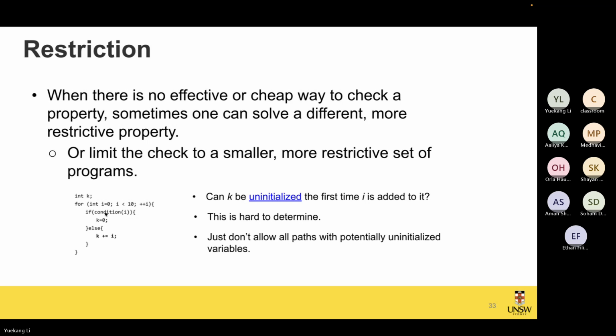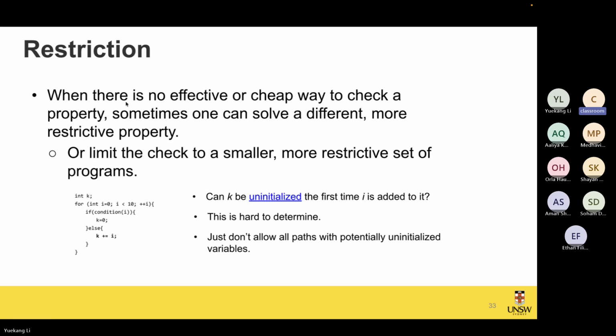This is like pessimistic inaccuracy. It's a simplified solution for this problem. Instead of trying to guess whether this k can be used before initialization, we just say, okay, this is dangerous, this is not allowed, and we report an issue here.